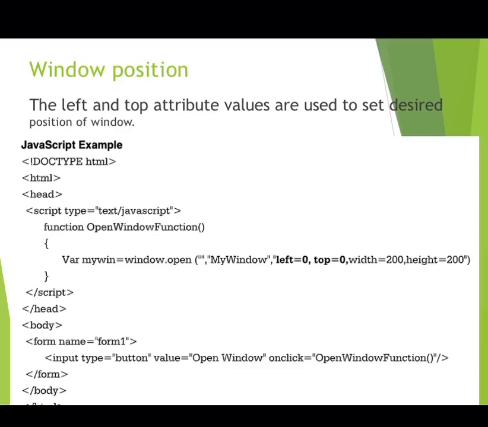Then width and height we are going to give as 200, 200. We can specify any value for left and top. We can specify left is equal to 10, top is equal to 10, or any value, and based on that your window will get its position. Okay, and close your curly bracket, close the script tag, close the head tag, open the body tag.